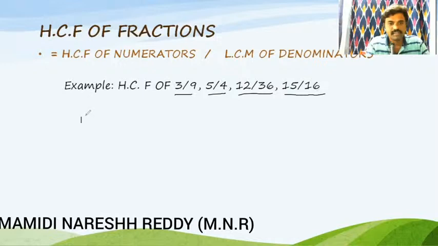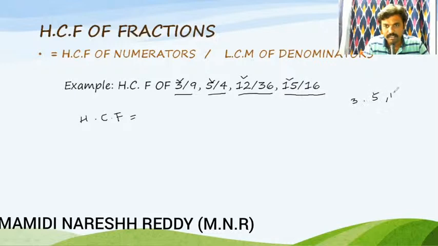HCF is equal to, so we need to find the HCF of numerators. The numerators are 3, 5, 12, and 15.